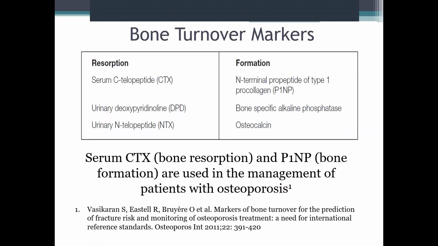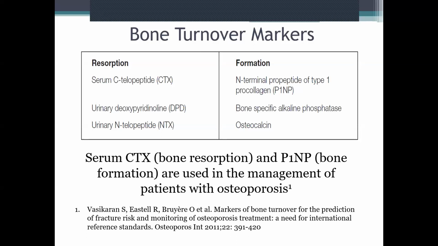For example, if they are on a weekly or daily anti-resorptive therapy, then sometimes if compliance is in question, the bone turnover markers can be useful. And if their bone mineral density has not improved after about 1 or 2 years of therapy, then you might want to look at the bone turnover markers.